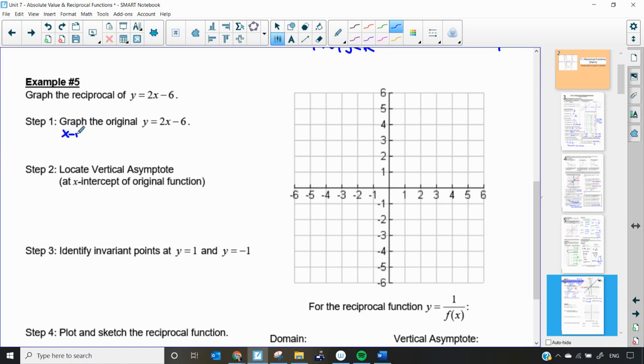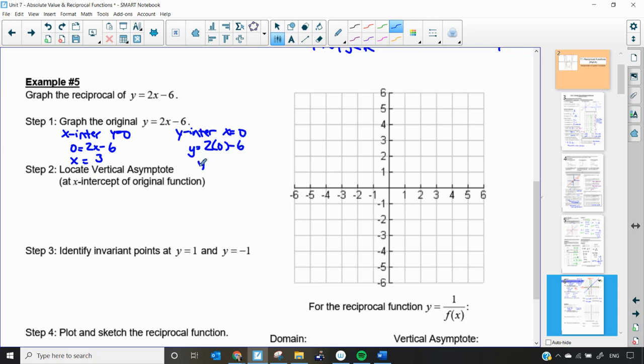So our x-intercept happens at y equals 0. So 0 equals 2x minus 6. We add 6 and divide by 2, so x would equal 3. And my y-intercept happens when x equals 0. So I would have y equals 2 times 0 minus 6.